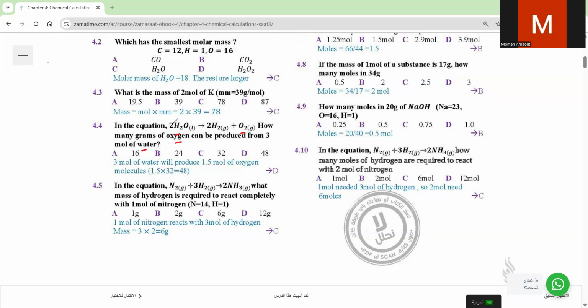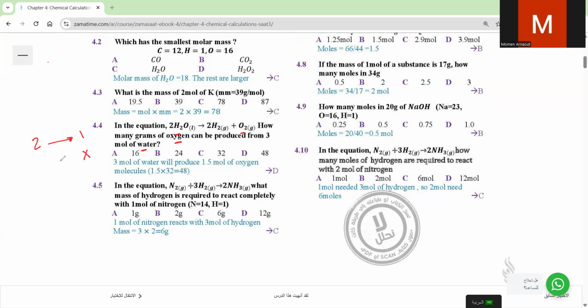How many moles of water produce how many moles of oxygen? 2 produce 1. Remember, in the Tahsil exam you have limited time. So 2 give 1. How many grams of oxygen? I will calculate the number of moles of oxygen first.